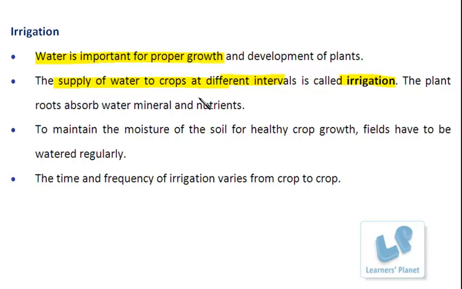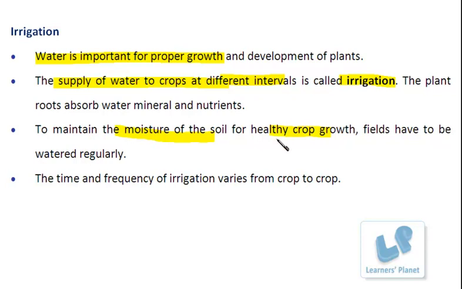Of course, if the water is supplied in less quantity or it is oversupplied, both things are going to damage the crop fields or affect the crop production. This is why it is said that the supply should be at regular intervals, right? Besides this, water also helps in maintaining the moisture of the soil, and this moisture, as I said, is important for the healthy growth of the plants.